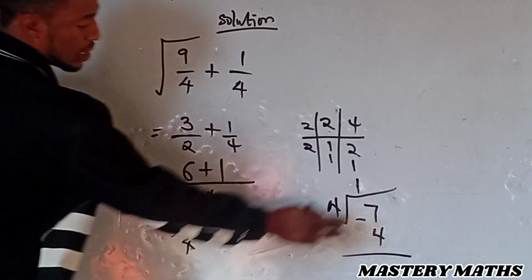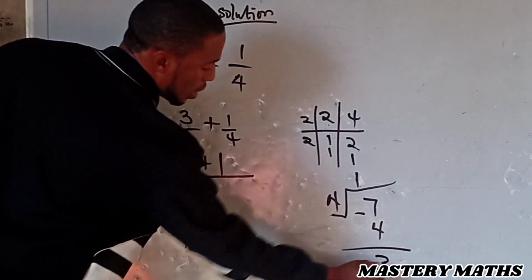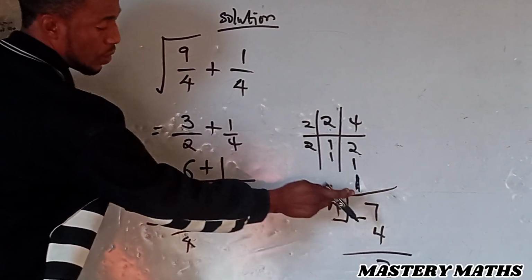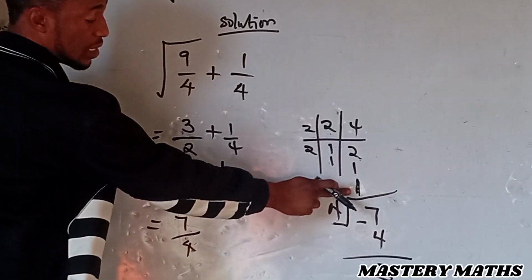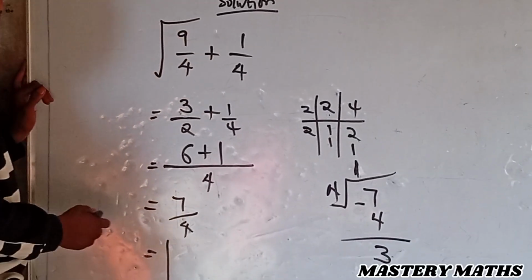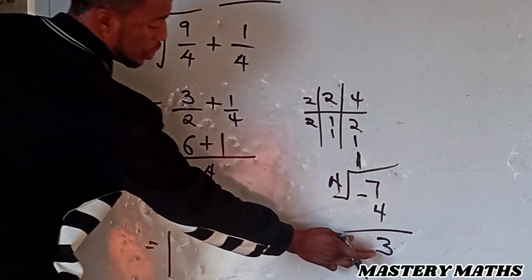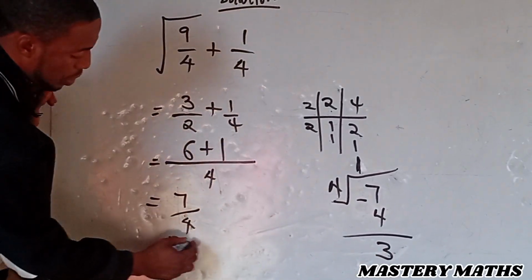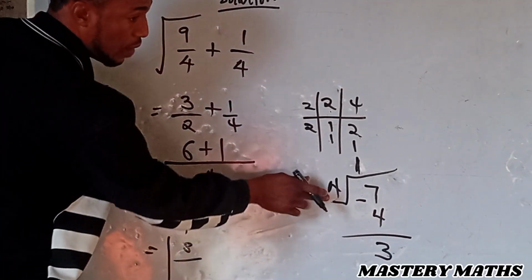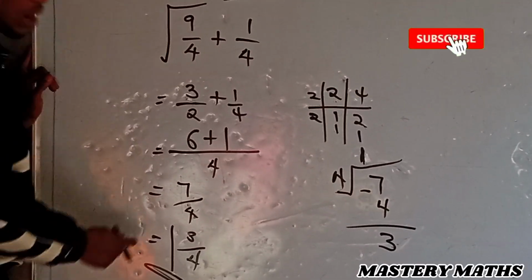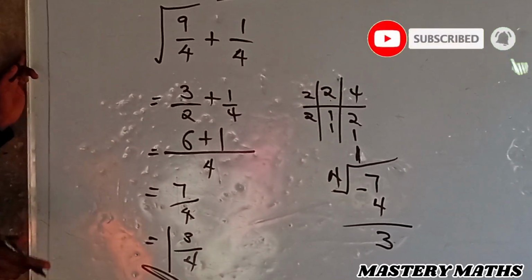You subtract. 7 minus 4 will give us 3. Now this, which is called the quotient, will become a whole number. Then you have your remainder here. This remainder will become a numerator over the divisor you're seeing here, which is 4. So our answer is 1 whole number 3 over 4. Thank you.